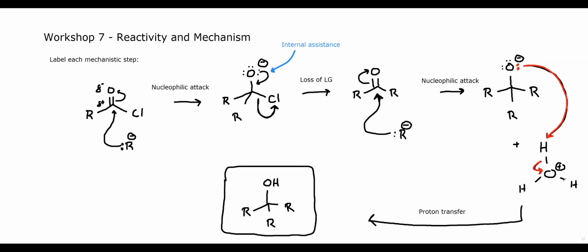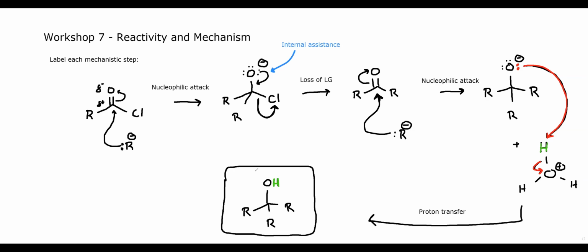The electrons are staying behind. Make sure you remember that part of the proton transfer, okay? So the oxygen is grabbing the proton, leaving behind its electrons. So that hydrogen, let's highlight it in green. That green hydrogen starts out here and ends up on our final product here. So that would be a proton transfer.